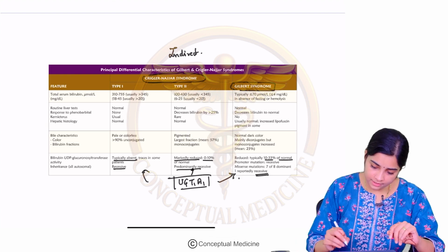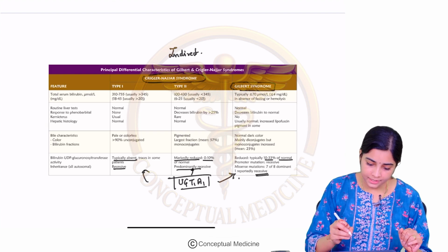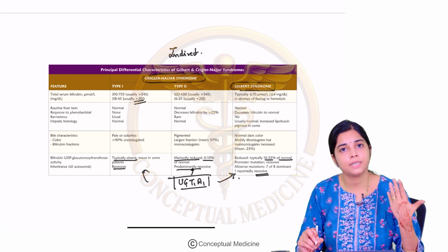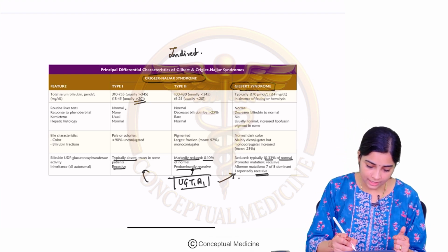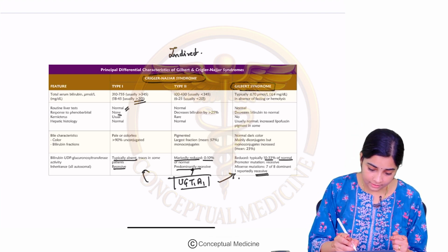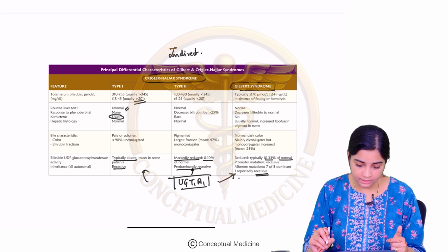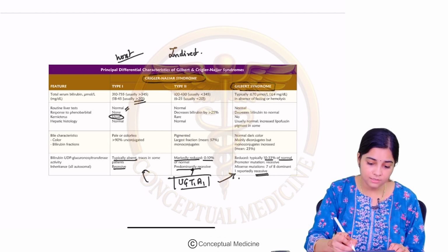The next point is that there are certain phenotypic differences. In Crigler-Najjar type 1, the total bilirubin is usually more than 20 and you have an indirect hyperbilirubinemia. Other tests are usually normal, and the patient has kernicterus, so this has the worst prognosis.